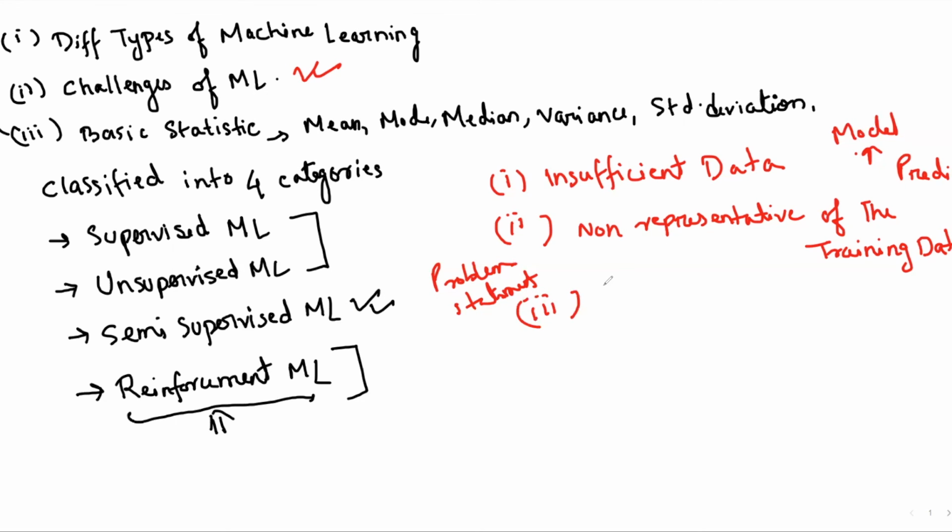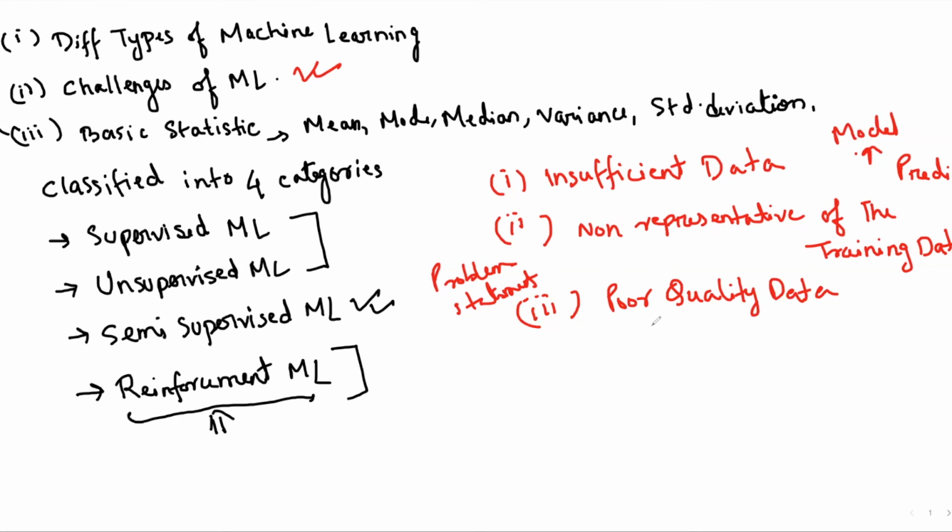Third is poor quality of the data. In the previous lecture, you might have heard me talking about outliers or null values. There may be data given to us which is sufficient and a true representation of the problem statement we are dealing with, but the data does not have proper quality.